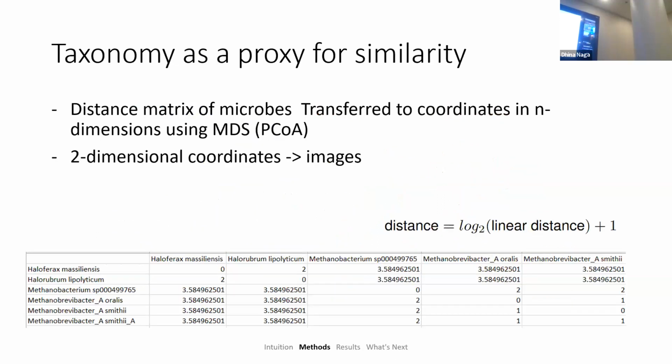So what we use actually is taxonomy as a proxy for similarity. And from this taxonomic tree and the microbes we find in our data set, we can get a distance matrix of microbes, which is basically features by features large, similar to a correlation matrix. We can then use a dimensionality reduction like multidimensional scaling, where we transform this distance matrix into coordinates.